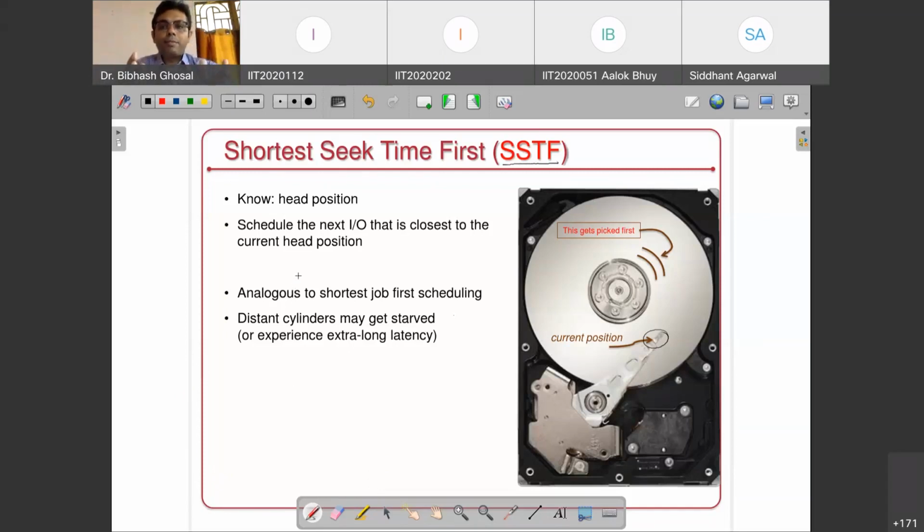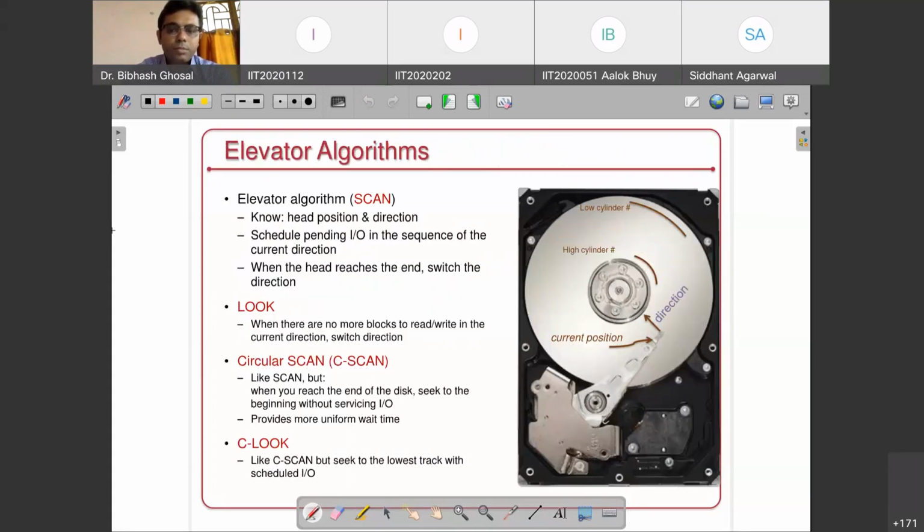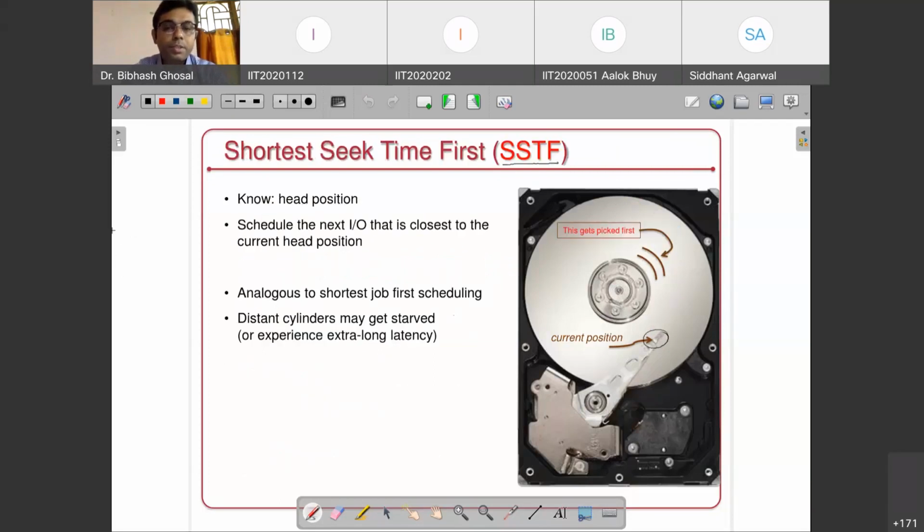Can we have an algorithm by which we may decide which blocks should be accessed? Let me give you a basic idea.